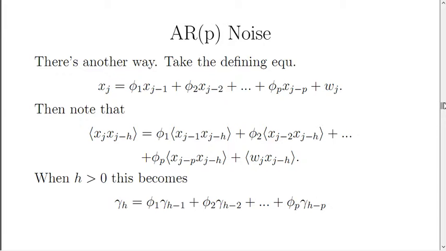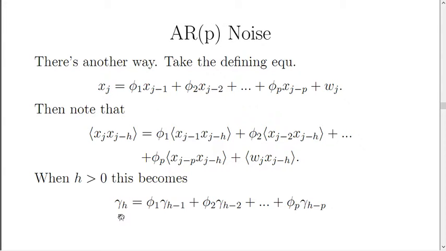Let's take the defining equation, which looks like this. Then let's just directly compute the expected value of data with lagged data values. We can expand it algebraically to get this expression. And when the lag is greater than 0, that turns out to be this.